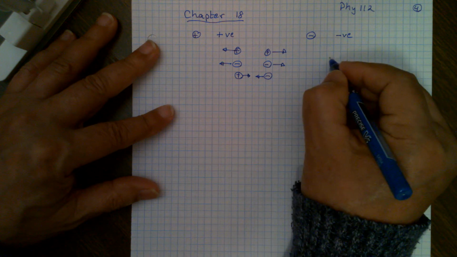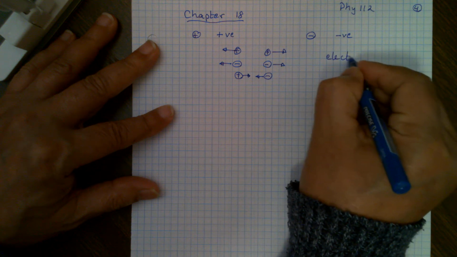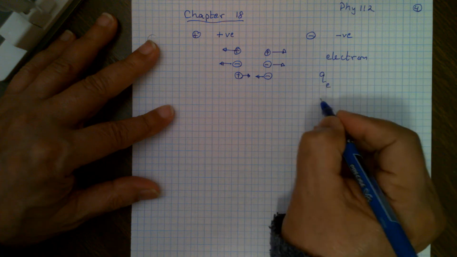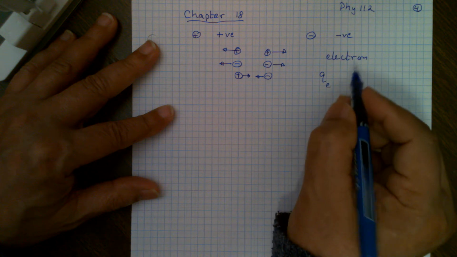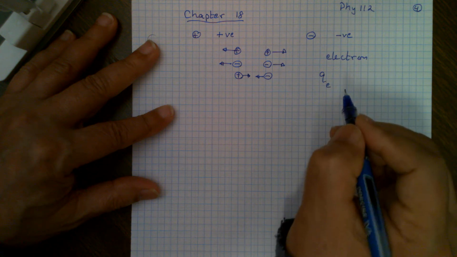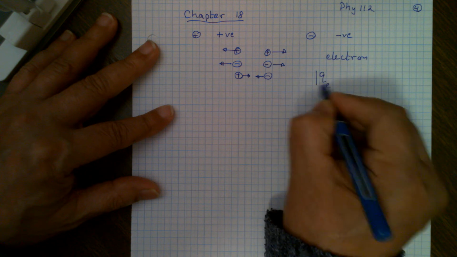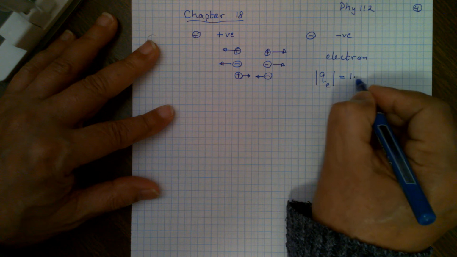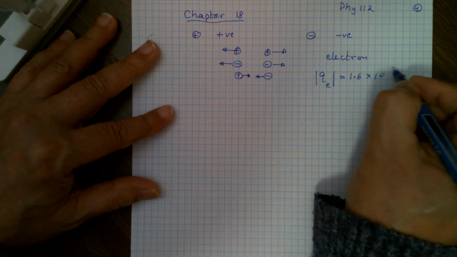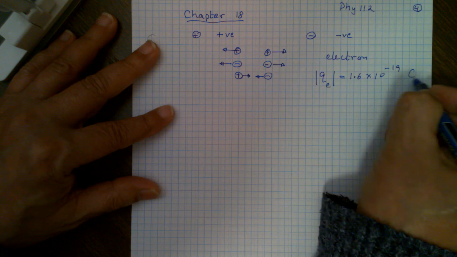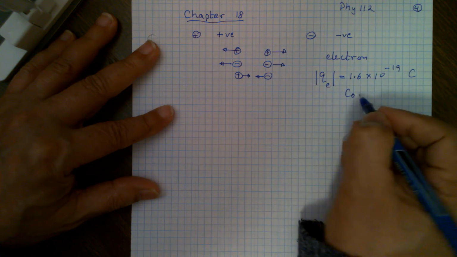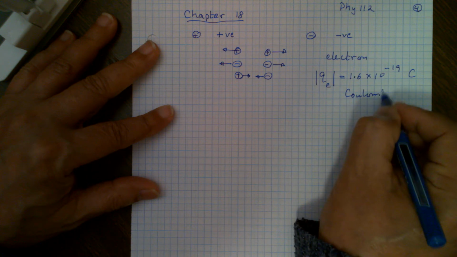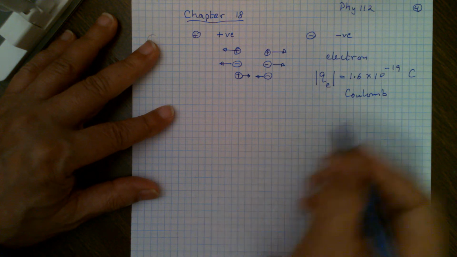The electron has charge Q sub E, and we call the electronic charge negative charge. The magnitude of this electronic charge Q sub E is 1.6 times 10 to the power minus 19 Coulomb. Coulomb is the name of the guy who studied electricity, C-O-U-L-O-M-B. Okay, that's the unit for charge.